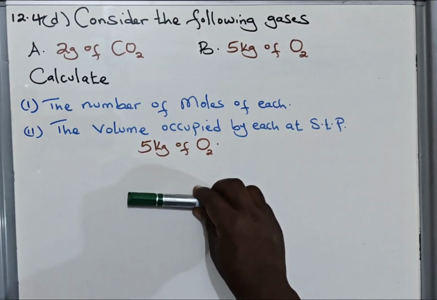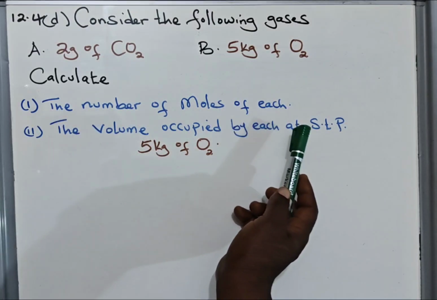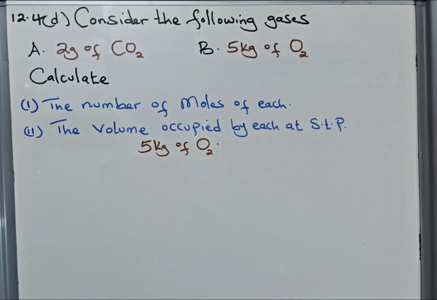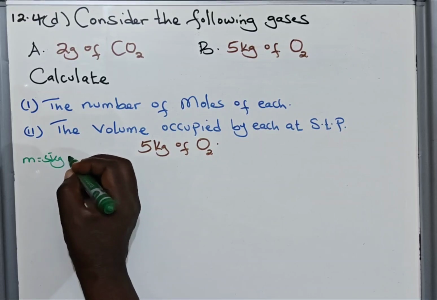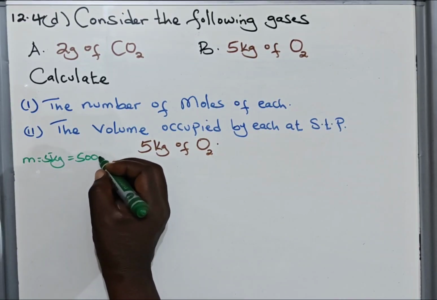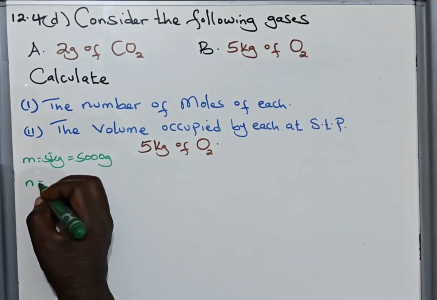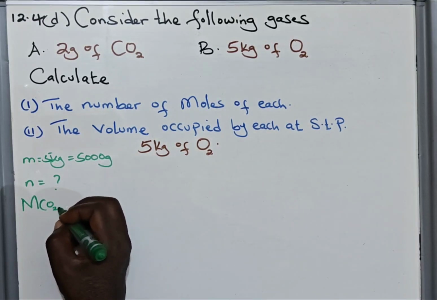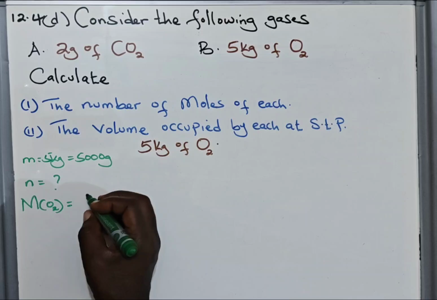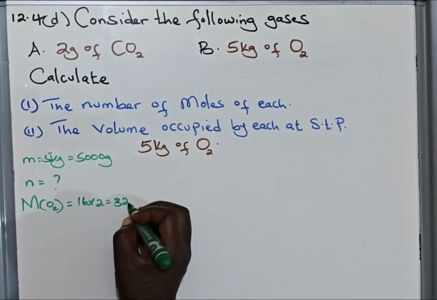Then we come to this one, 5 kilograms of oxygen. If you look at the first one, which looks for number of moles, here we have the mass, and the mass is 5 kilograms, which is the same as 5,000 grams. You're looking for number of moles. We don't know it, but we know the molar mass of the oxygen gas molecule, which is 16 times 2, giving you 32.